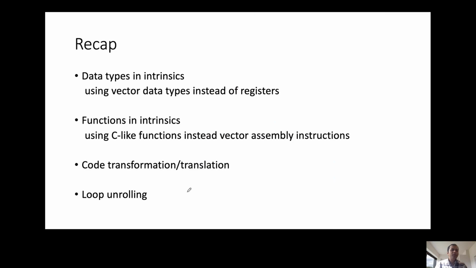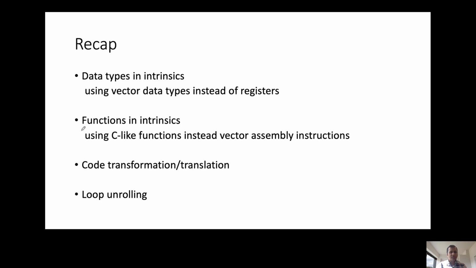All right. So now we have come to the last slide for part one, and we want to do a recap. We looked at our data type, __m256d for double. The motivation was that we want to use data types like in C instead of registers.